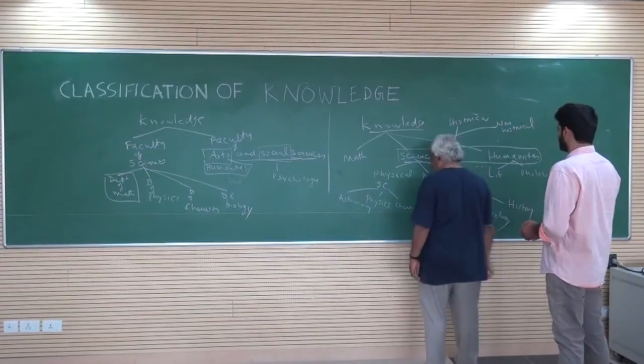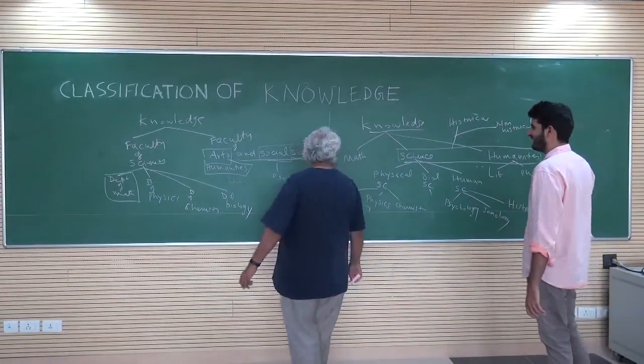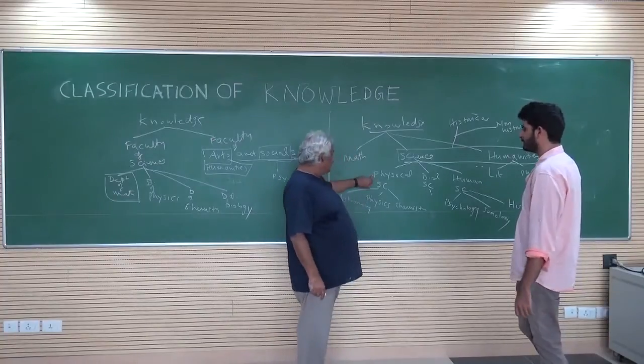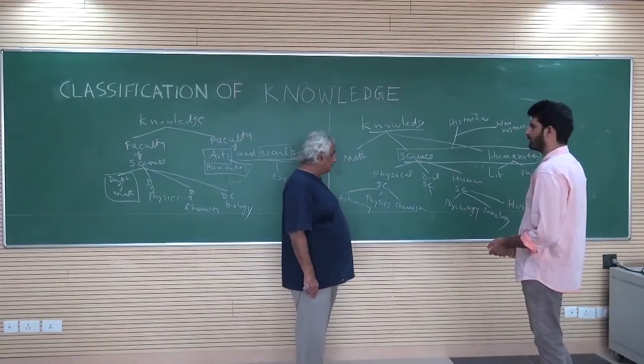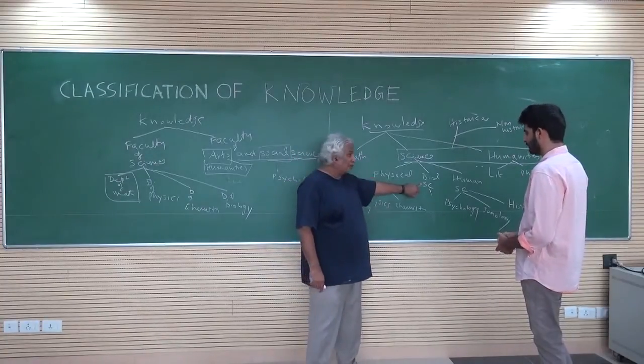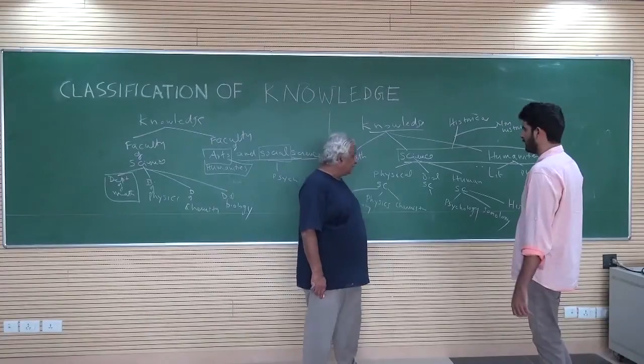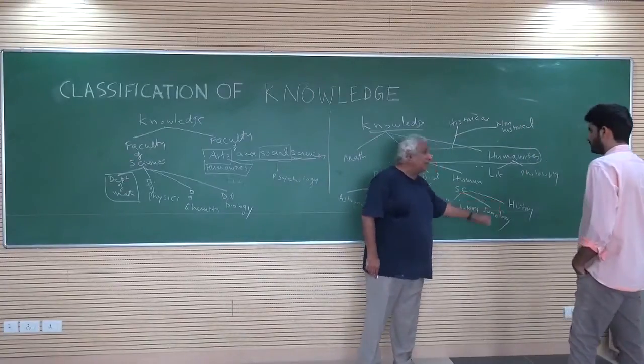For mathematics, that doesn't make sense. But if you say history of the Earth, that is historical. History of the universe, that is historical. Origin and history of life will be under biology. Origin and history of the human species will be human history.